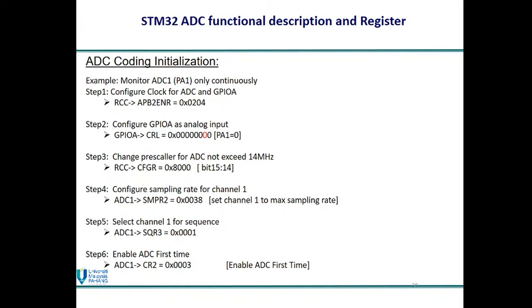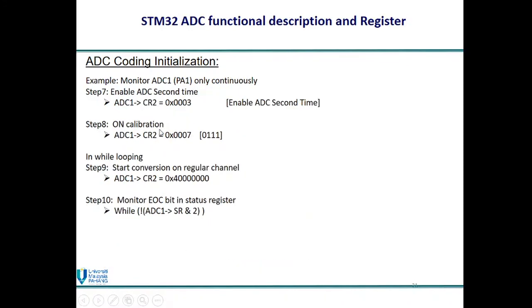Make sure we enable the ADC twice. This is for the first time, and then we put some delay, and then we enable the ADC for the second time. After that, we turn on the calibration in the control register 2.